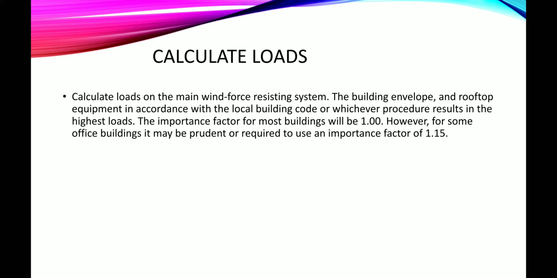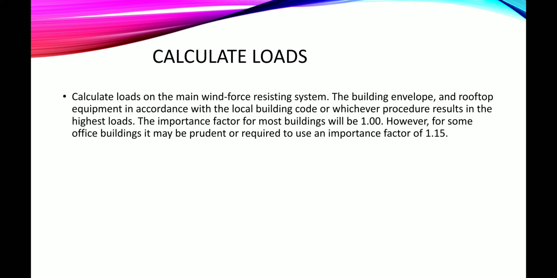A note that should be taken is that in the past, architects didn't perform load calculations on the building envelope, which are roof and wall coverings, doors, windows, and skylights, and the rooftop equipment.